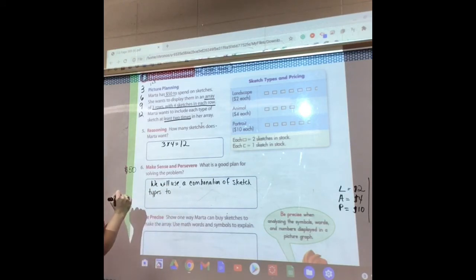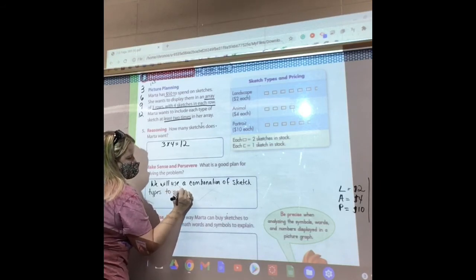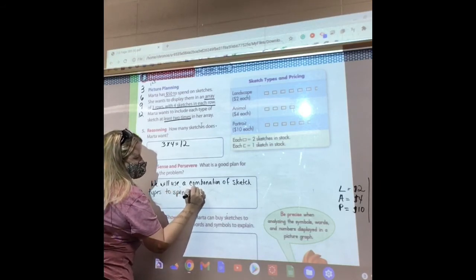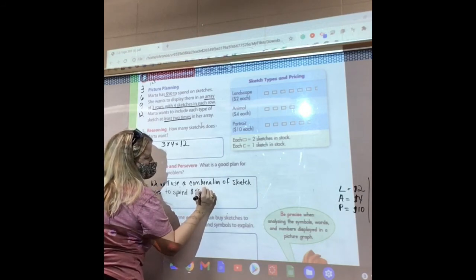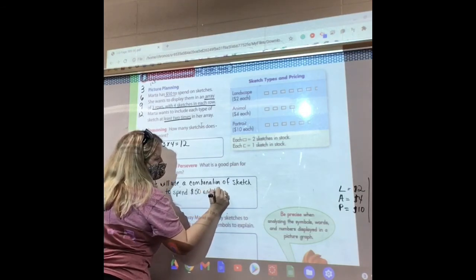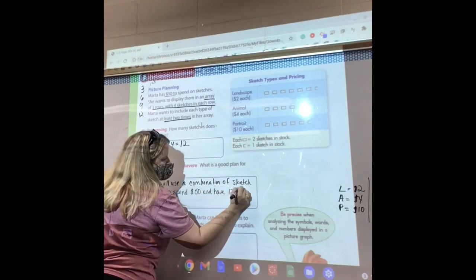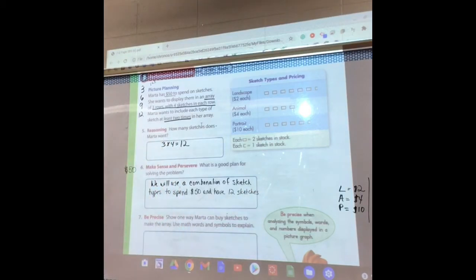To spend $50 and have 12 sketches. Okay, so we need 12 sketches exactly, and spend no more than $50. I'm gonna scroll a little bit so we can see the last of that.